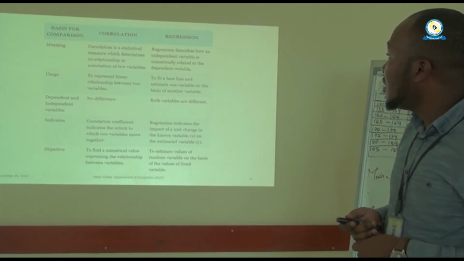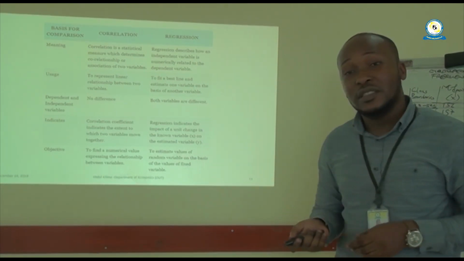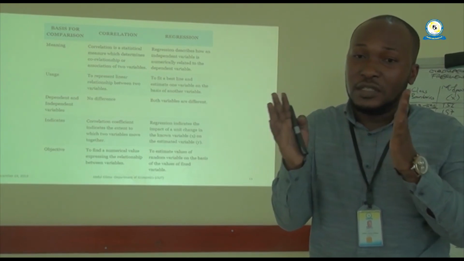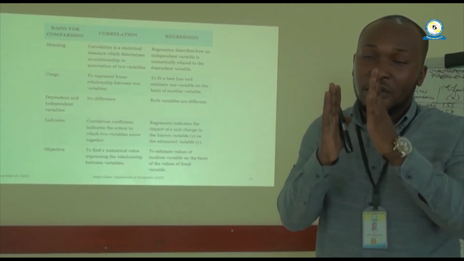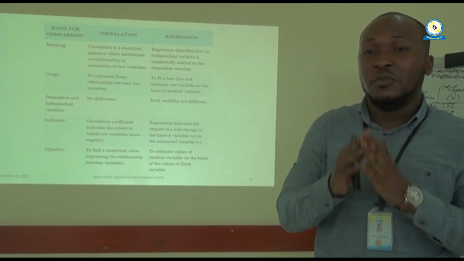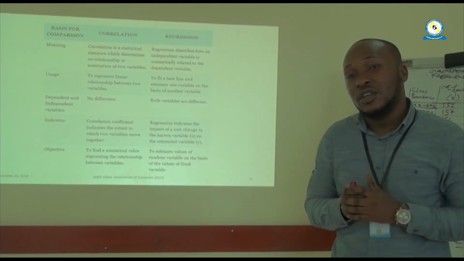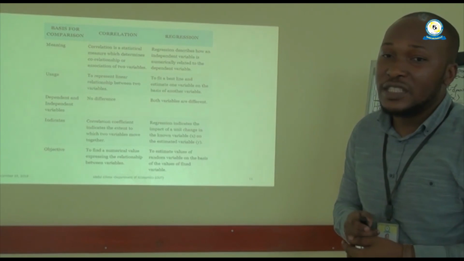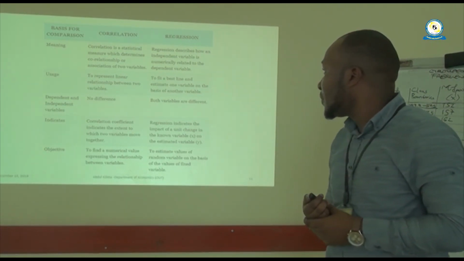While regression is known as independent being related to dependent. In correlation, you want to see just a normal relationship, how this variable correlates with that one. But in regression analysis, you want to see how the independent variable influences the dependent variable numerically.